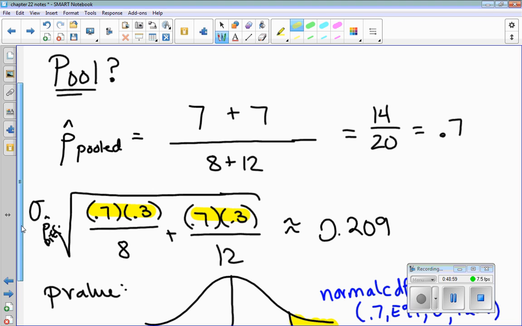So this evidence that I collected, albeit from a small sample, okay?